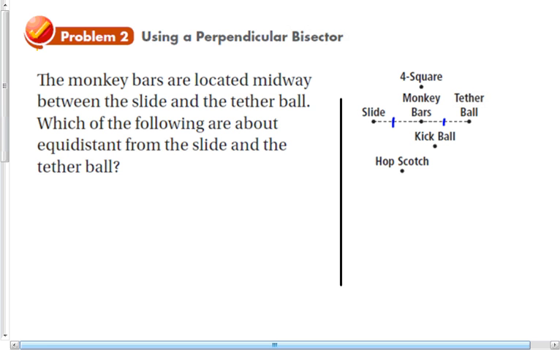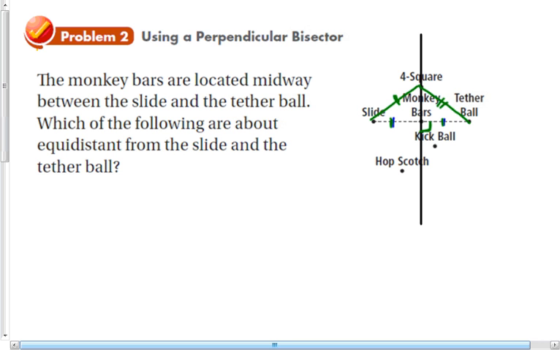So if I were to draw a line on those monkey bars and make sure that this line is perpendicular and that it's true that the slide and the tether ball are equidistant, then anything on that line needs to be equidistant from both the slide and the tether ball. So what I'm saying is this distance here and this distance here are the same.